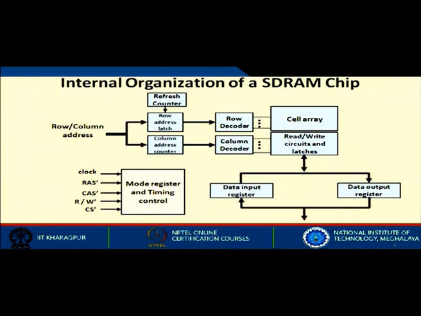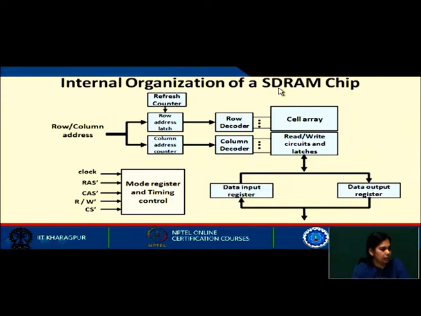Now, let us see the internal organization of the SDRAM chip. As I said, the internal organization of SDRAM is very similar to asynchronous DRAM, but it has some more features. You can see that the row and column address can be provided.